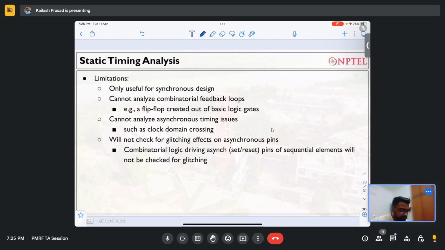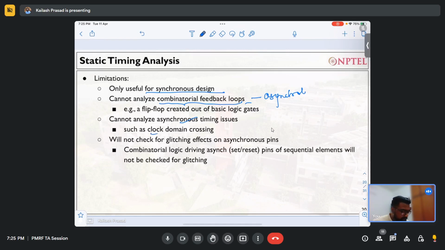So what are the limitations of static timing analysis? It is useful only for synchronous design. If there is a design which is clocked, then it is useful. There can be feedback loops in your circuit design which can be asynchronous, and static timing analysis cannot analyze these combinational loops or asynchronous issues.